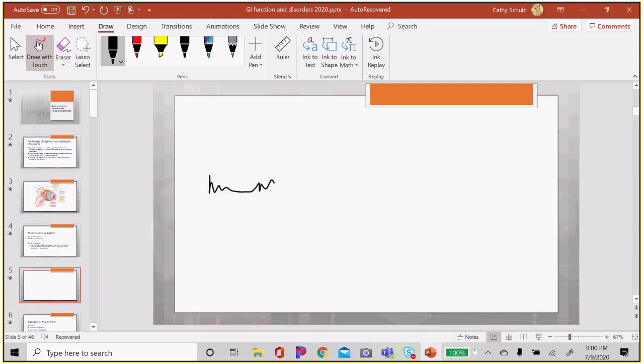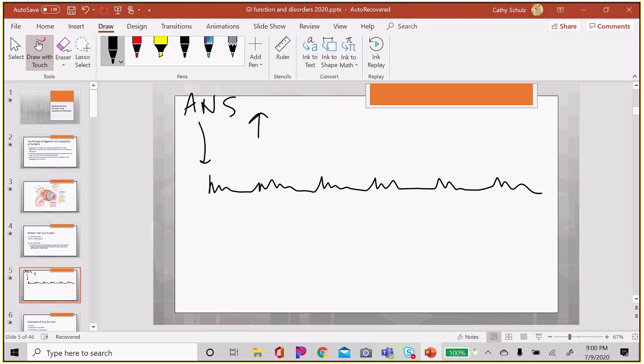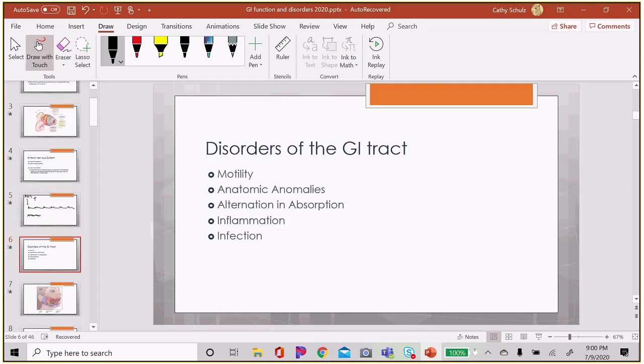So this is how the nerve activity looks in those cells of Cajal. It's a constant rate, sort of like its own little pacemaker, kind of like a heart rate that would favor peristalsis. And autonomic nervous system innervates this, it could potentially increase the rate of peristalsis. So that's a terrible drawing, but if needed.